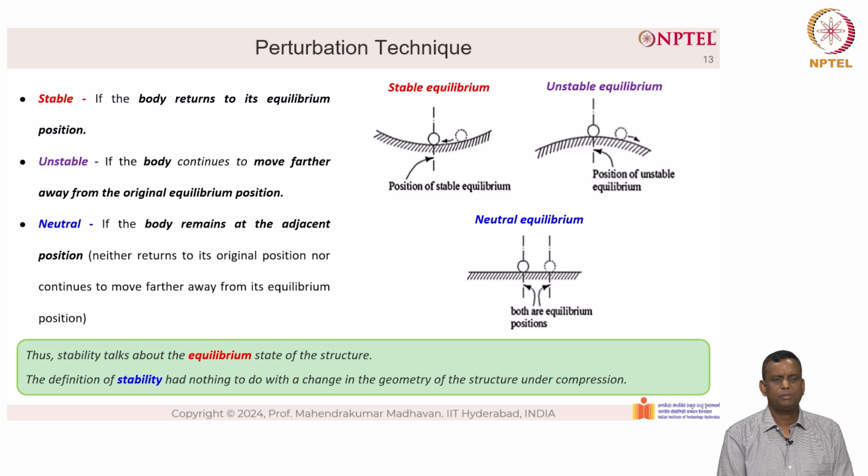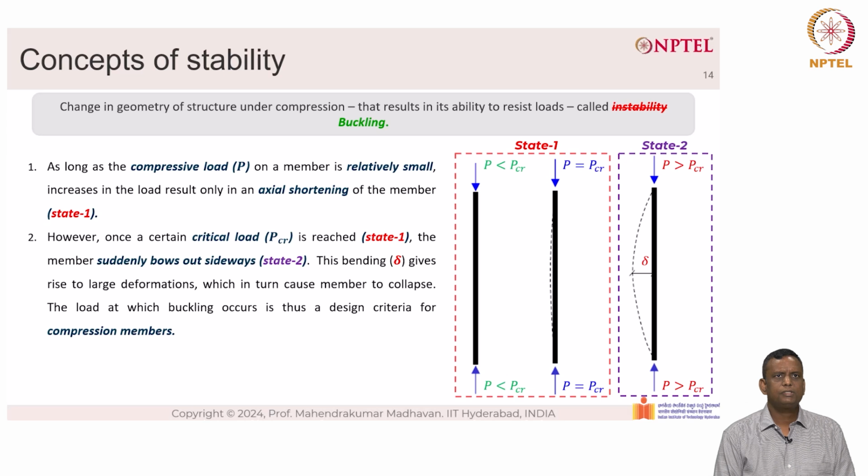The definition of stability has nothing to do with the change in geometry of the structure under compression. The change in geometry of a structure under compression that results in its inability to resist loads is called buckling. As you can see from the picture, as long as the compressive load P on a member is relatively small, increases in load result only in axial shortening of the member, which is stage 1.